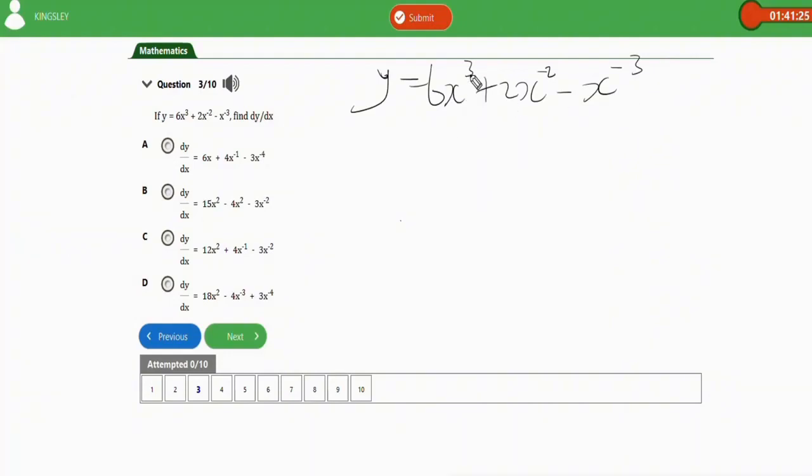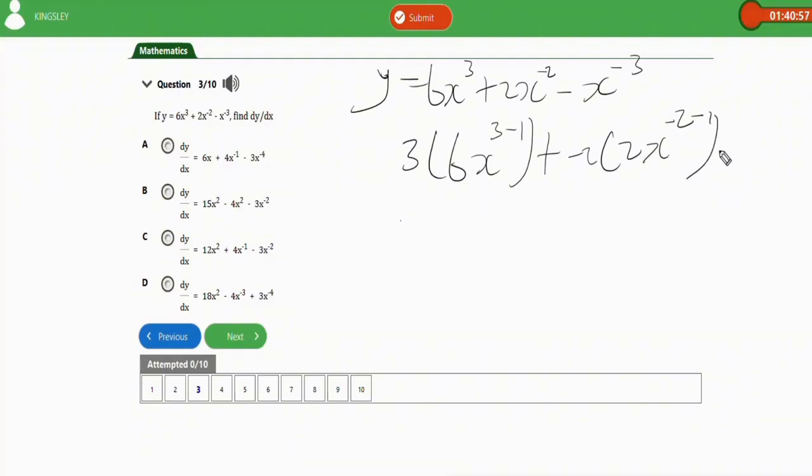As usual, when you differentiate 6x cubed, you're going to have 3 times 6x, 3 minus 1. Plus this will give you minus 2 being the power, times 2x, minus 2 minus 1.